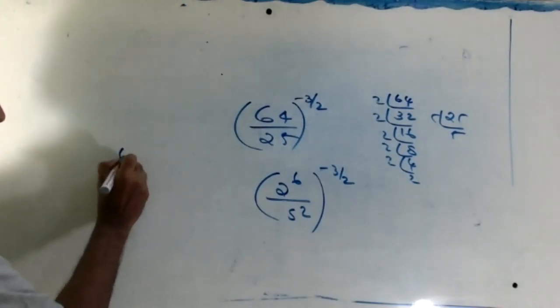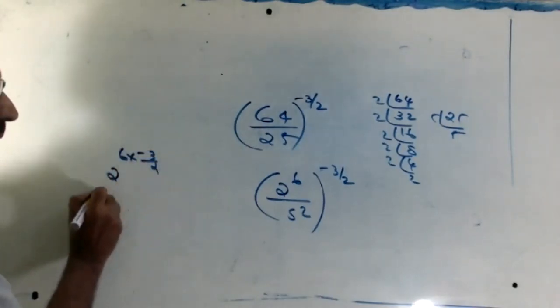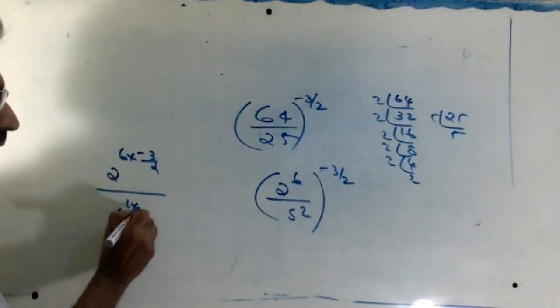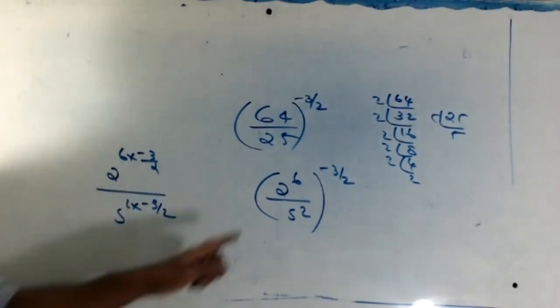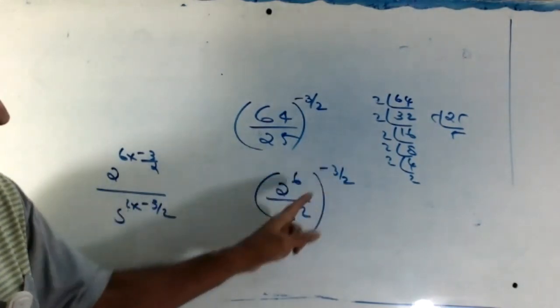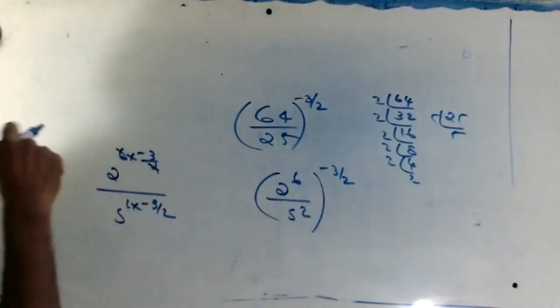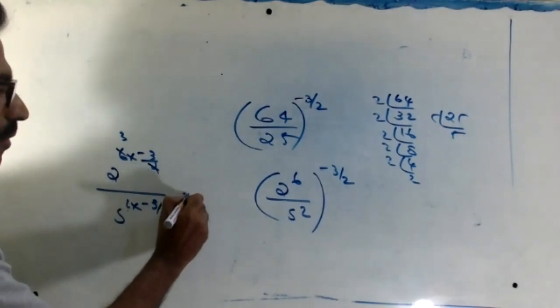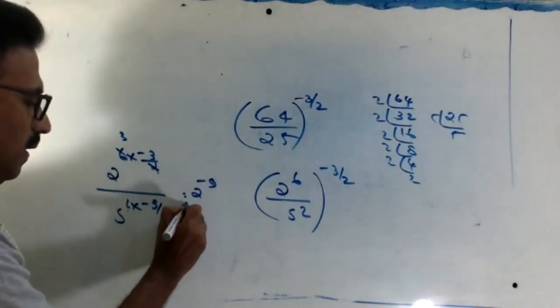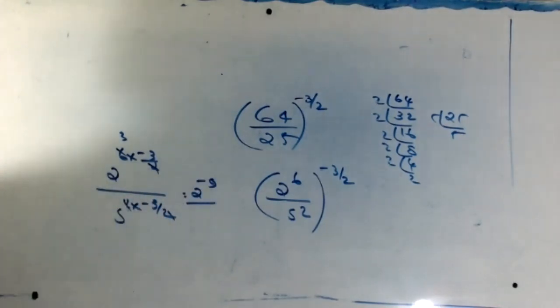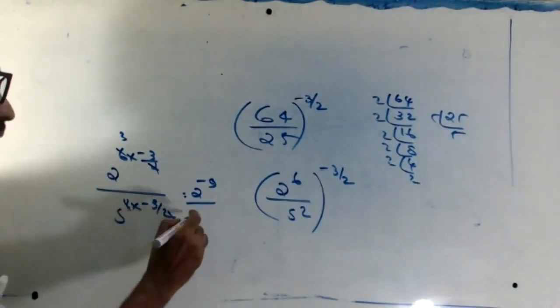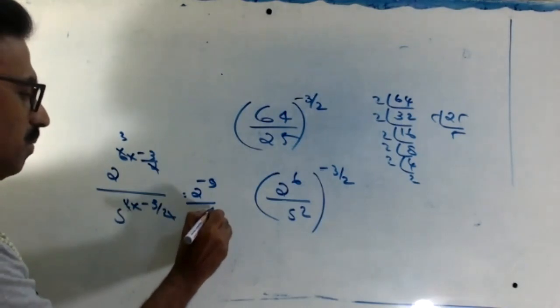Then you can get 2 raised to 6 into minus 3 by 2, divided by 5 square into minus 3 by 2. This one cancelled here. That is 3. 2 raised to minus 9 divided by, this is cancelled here. Here it is 5 raised to minus 3.